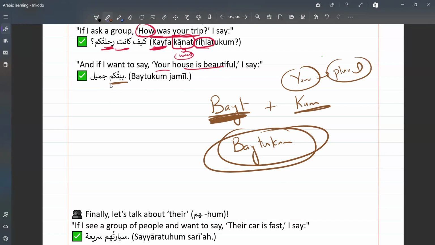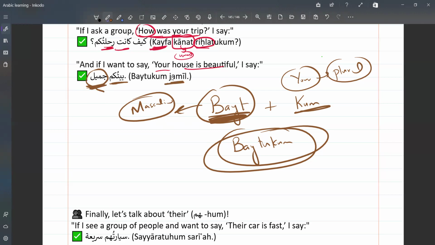So baytukum jamil. In Arabic, there are two words basically based on the thing you're referring to. Since house in Arabic is a masculine word, we use the masculine adjective to describe it. Jamil means beautiful in Arabic.